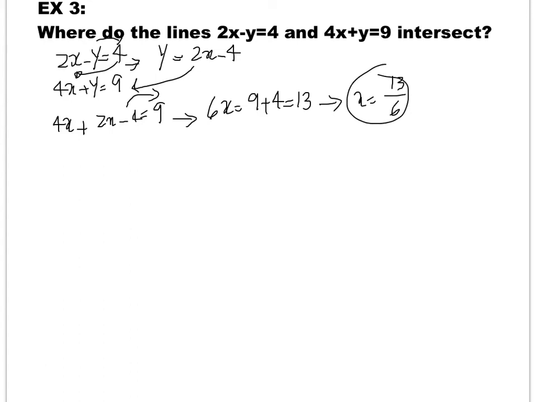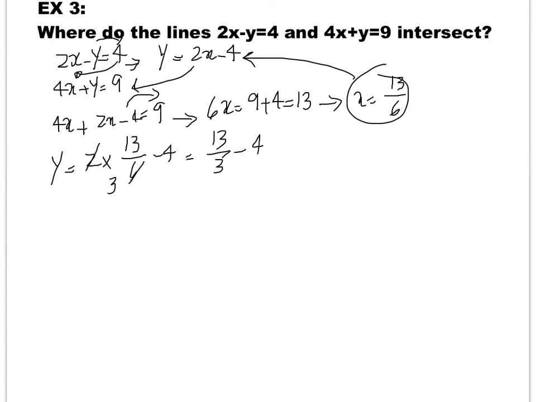Now I'm going to put this 13 over 6 back in this equation to find y. So I'm going to get y is 2x, so 2 times 13 over 6 minus 4, which is going to be 2 cancels with 6, gives me 3. So I get 13 over 3 minus 4.